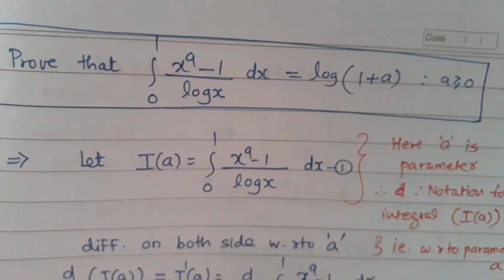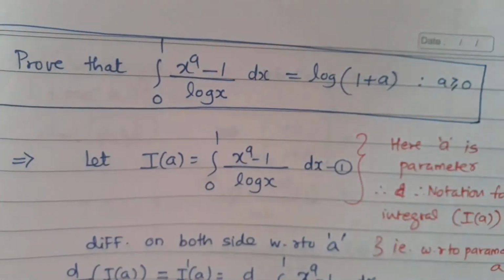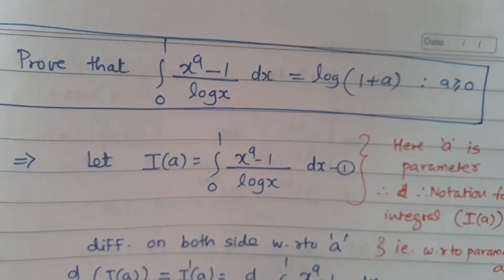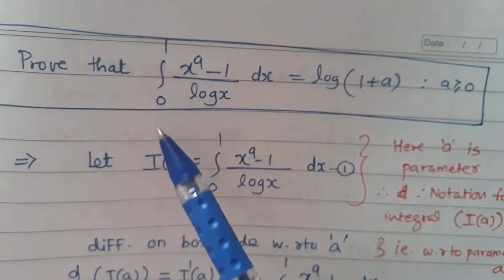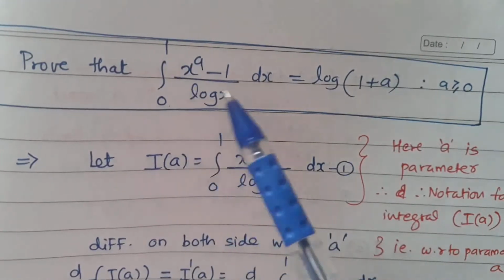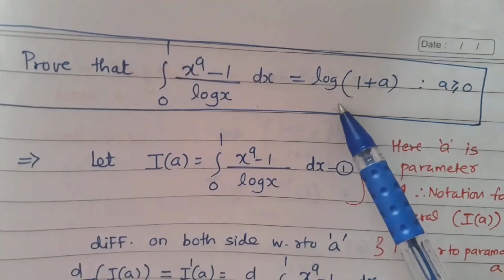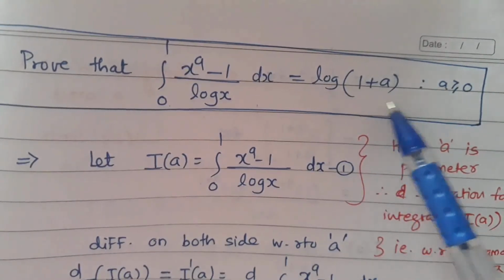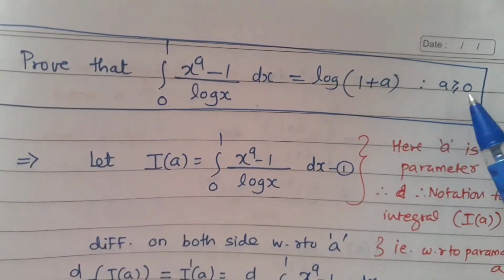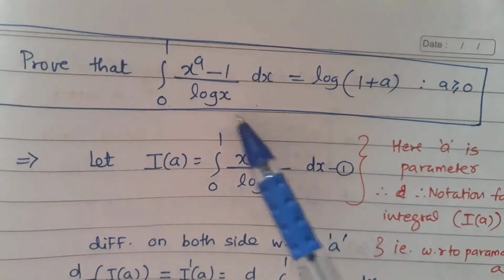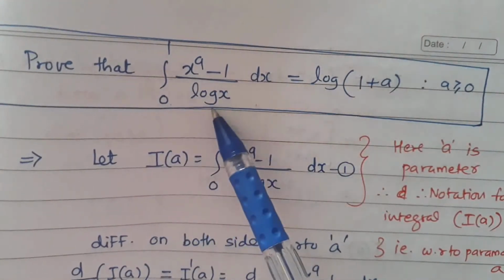By using this procedure, we will see one of the examples on DUIS rule 1. The question is: prove that the integral from 0 to 1 of (x raised to a, minus 1) upon log x dx is equal to log of (1 plus a) for all values of a greater than or equal to 0. First of all, we have to denote this integral by a notation.